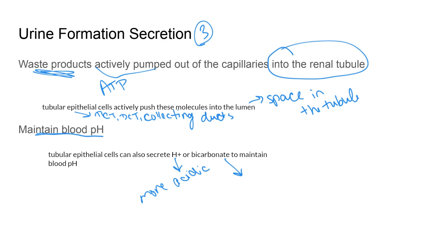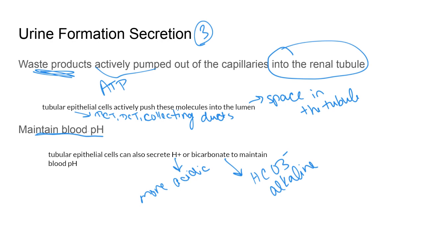Or they could secrete bicarbonate, which is HCO3, which is alkaline. So if the blood was too alkaline or too basic, then we could secrete some of these bicarbonate ions into the urine so that the pH would lower and become more acidic.